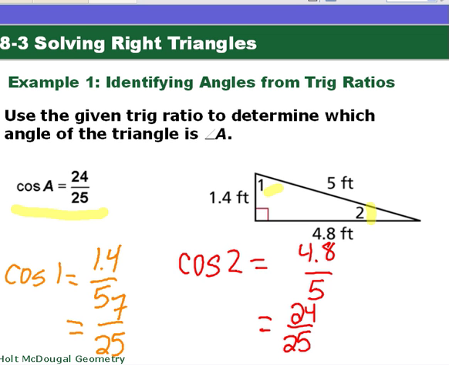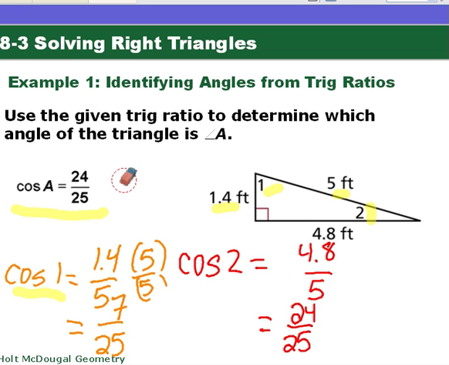In order to determine which angle, angle 1 or angle 2, we can take the cosine of angle 1, which is adjacent over hypotenuse. So we get 1.4 over 5. Then we want a common denominator of 25, so multiply top and bottom by 5, which will be 7 over 25. So angle 1 is not that. Actually, let's get rid of the check mark.